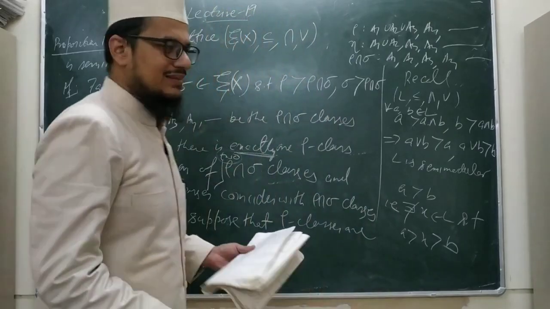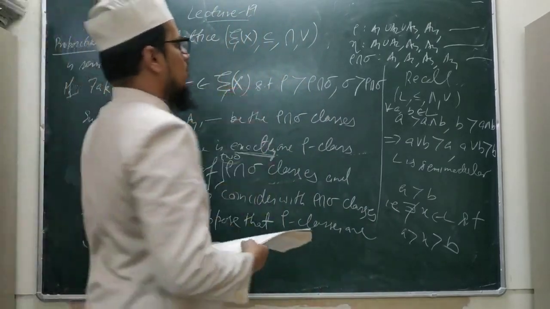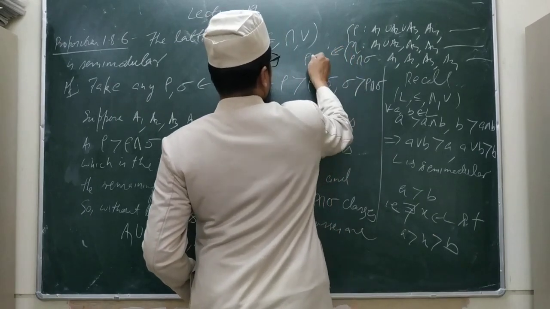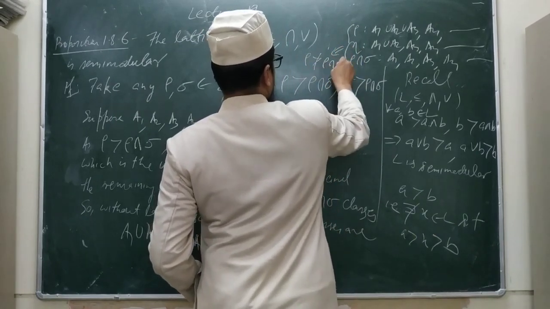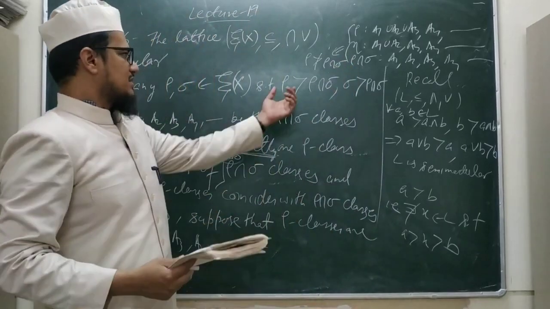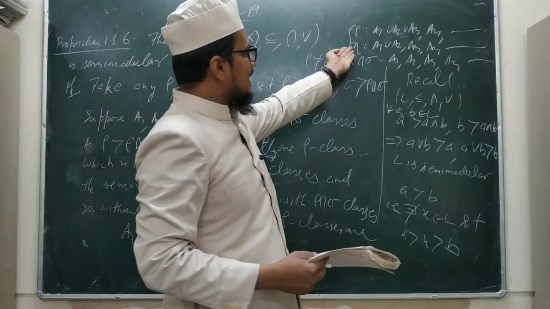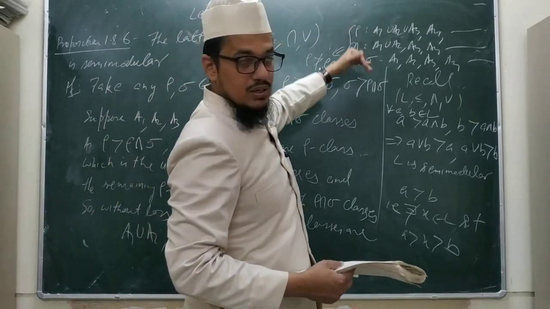So it will contradict that rho covers rho intersection sigma. What does it imply? It implies that rho does not cover rho intersection sigma. As it is given that rho covers rho intersection sigma, there will be a contradiction, because eta will come between rho and rho intersection sigma, isn't it?